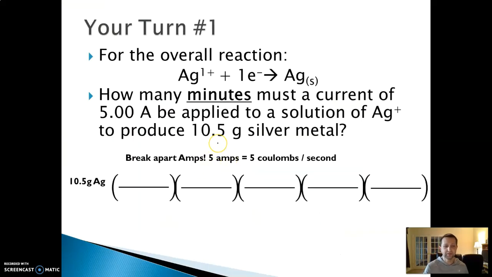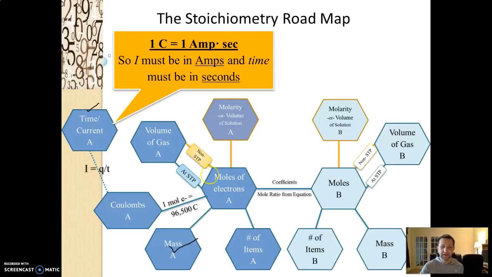I'm trying to find that for this problem. So, again, start with grams of silver. You just work your way backwards. Cancel out grams of silver and go to moles of silver. So 107.87 from our periodic table. Now remember, you have to go from moles of silver into moles of electrons. So that's kind of like implied here. There's a spot right here where you go from mass of silver into moles of silver, right?